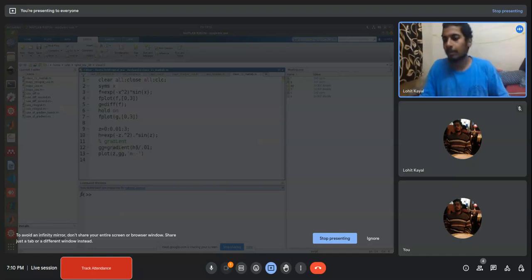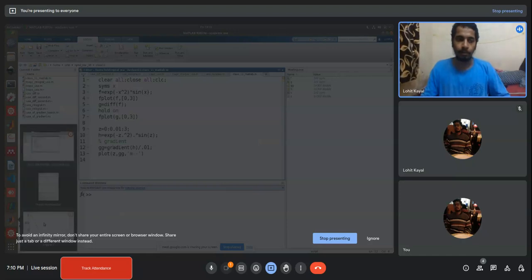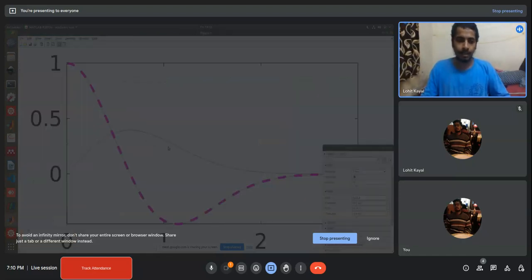Remember, the gradient of h indicates dh, and I am dividing it by 0.01, which is dz here. So as a whole it is giving me dh by dz, and I am plotting it.